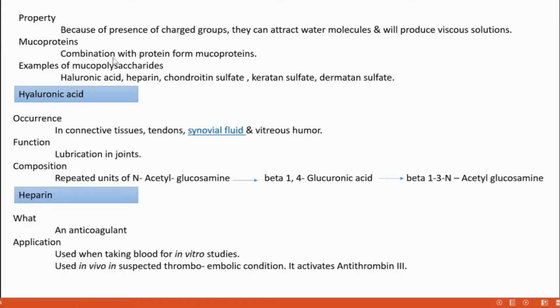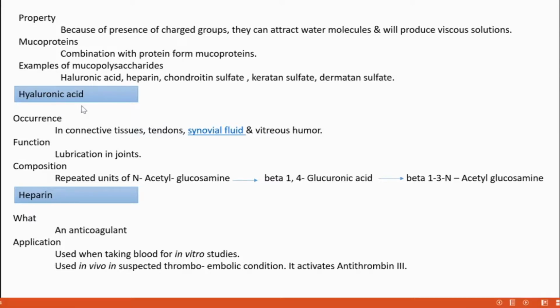Mucoproteins means mucopolysaccharides in combination with protein. Examples of mucopolysaccharides are hyaluronic acid, heparin, chondroitin sulfate, keratan sulfate, and dermatan sulfate.